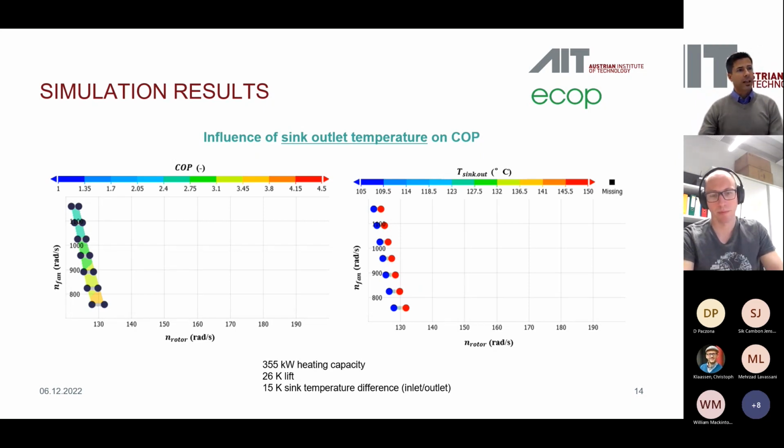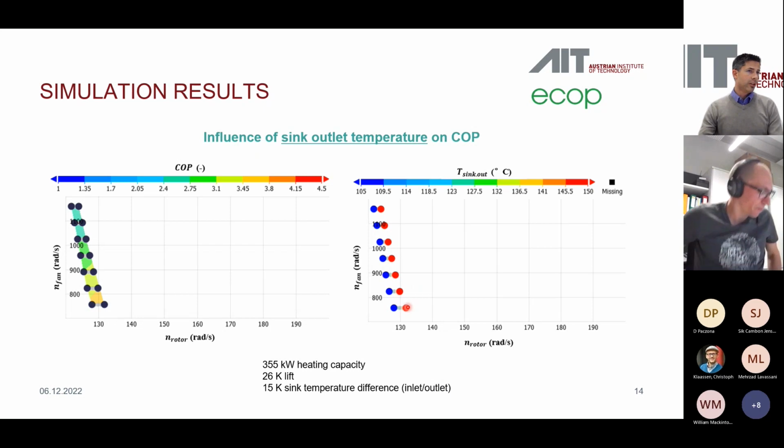Here we wanted to find the influence of the outlet temperature with constant heating capacity, constant lift, and constant sink temperature difference. So this last value is also known as glide on the water side of the sink. And if we go for higher absolute temperatures, while the lift remains constant, then also the COP increases. So if we go, for example, from 105 to 150 degrees Celsius, then you can see it here, the COP rises.